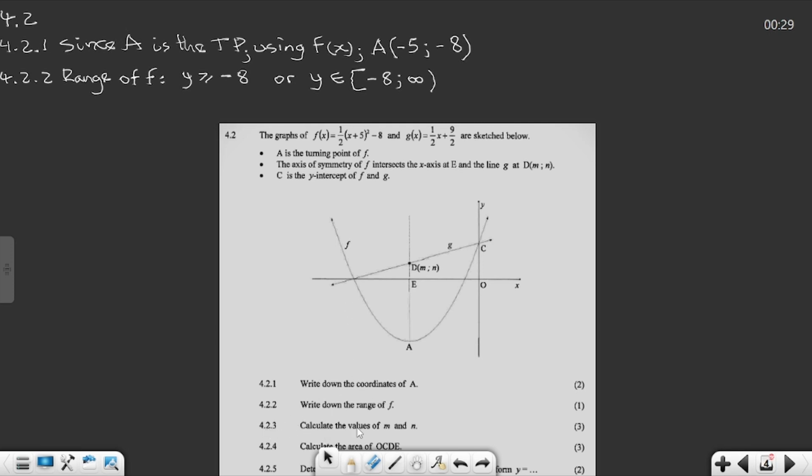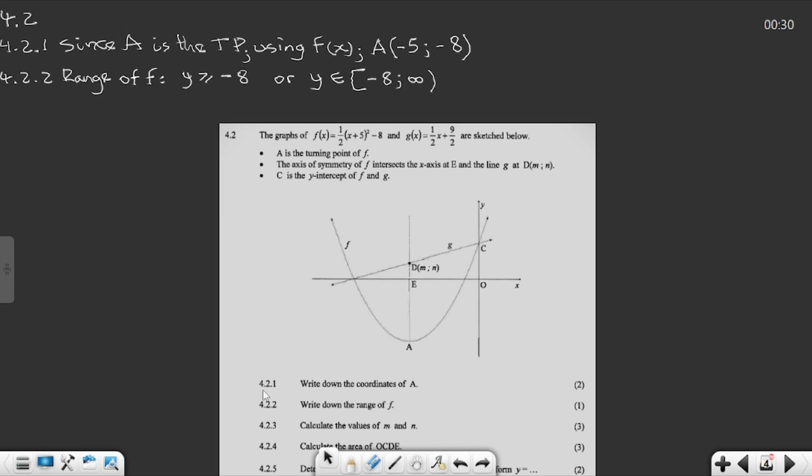4.2.3. Calculate the values of m and n. You can see m is the x coordinate of D and n is the y coordinate of D. You can also see that m is the x coordinate of D, E, and A. Can you see?